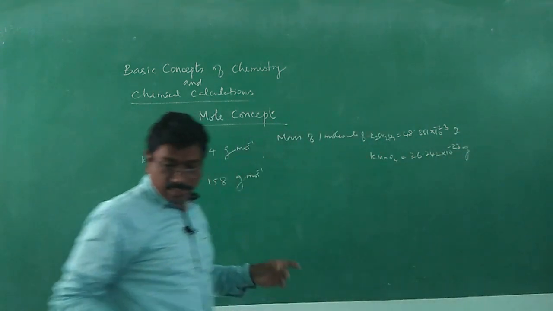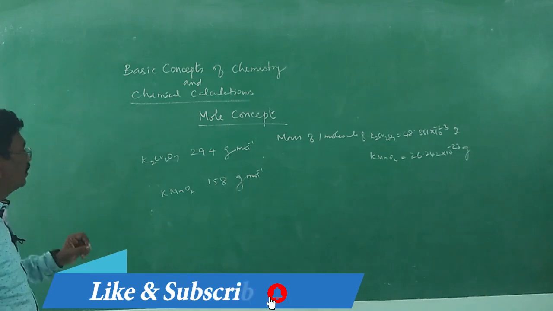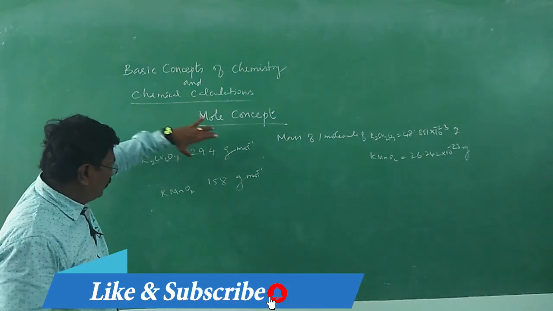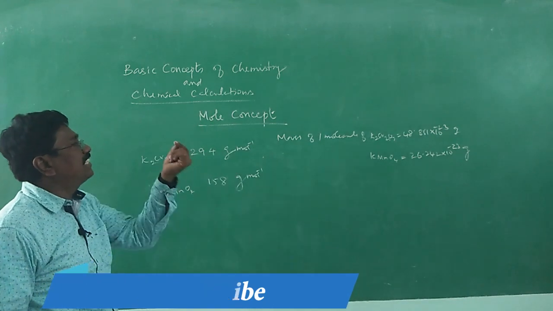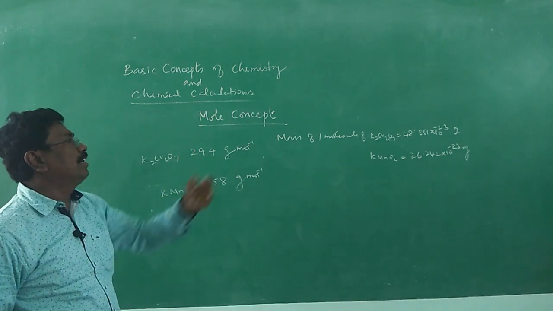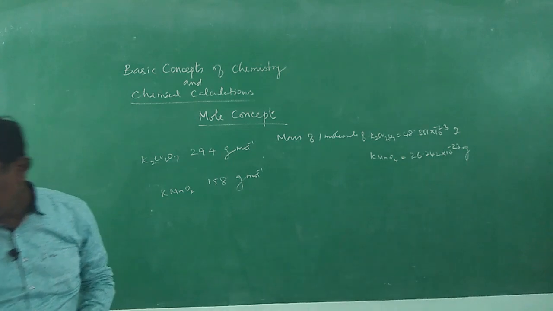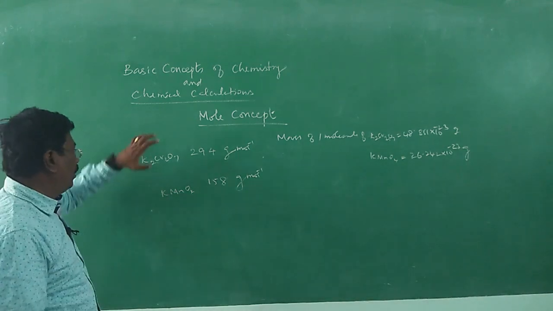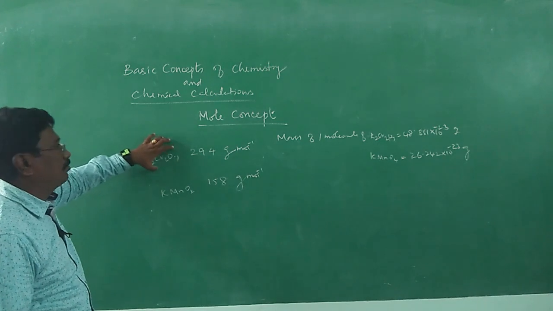I think you can understand. The thing is, 1 mole of potassium dichromate, gram per mole. If you take just a single molecule, it is found to be 48.851. That's what is given. Mass of substance taken, gram, that is 1 mole of substance.